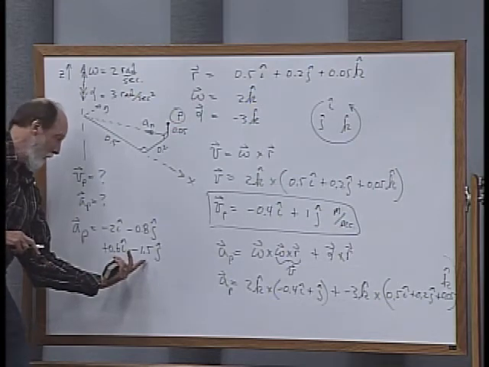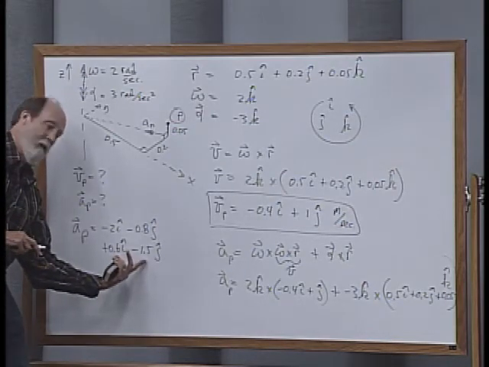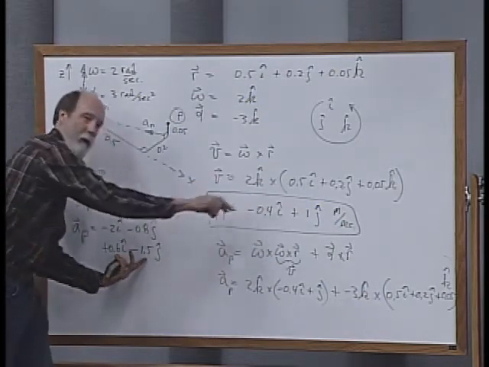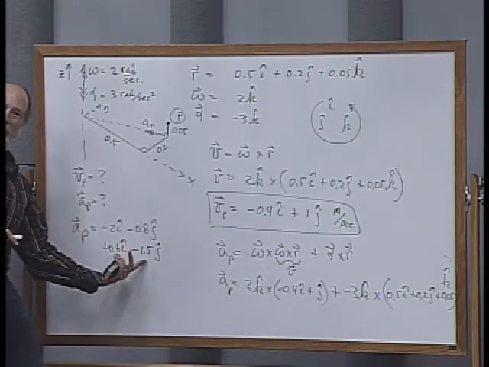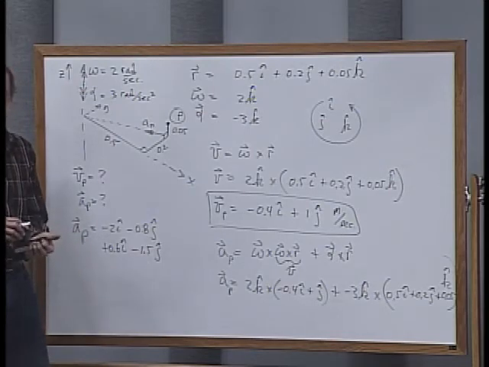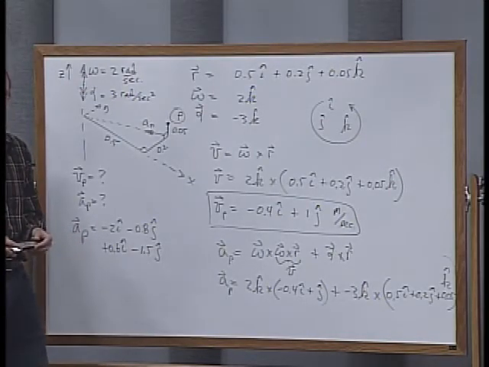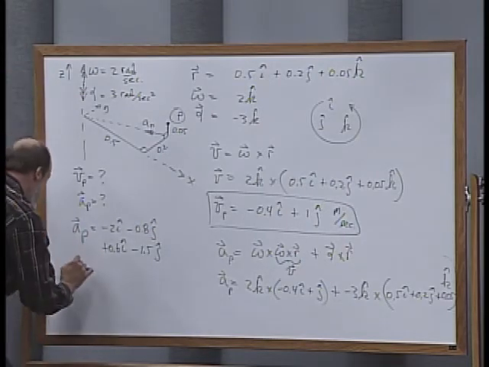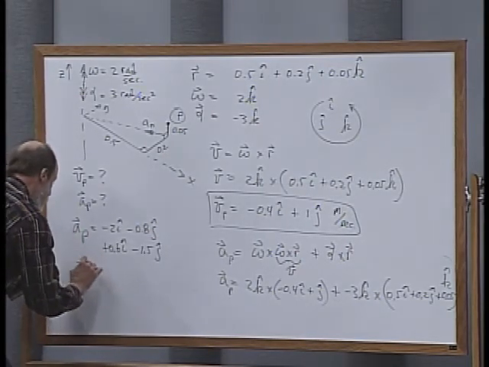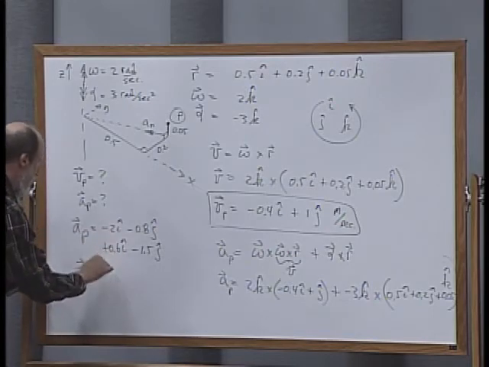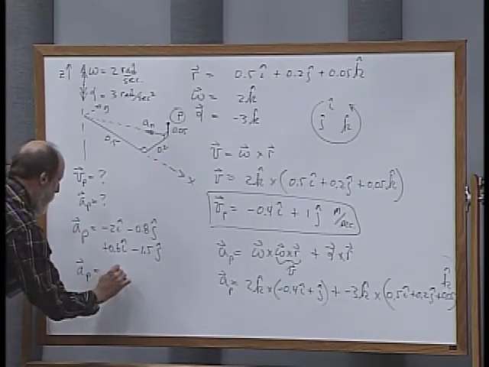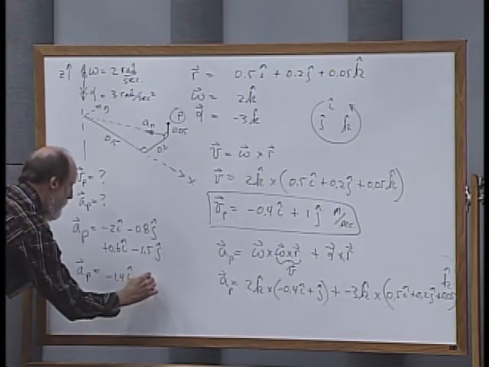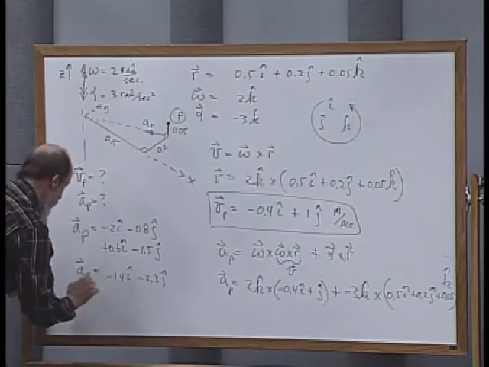But the geometric ratio of this should be consistent with your velocity components. Okay. Feeling good? Then we just tidy that up a little bit, and we end up with minus 1.4 I and a minus 2.3 J acceleration.